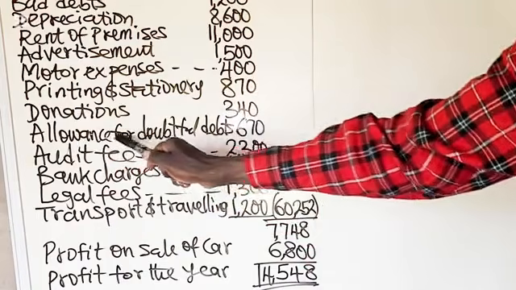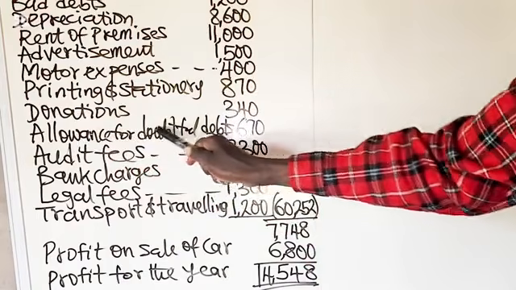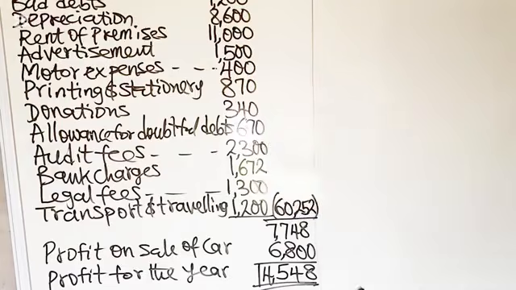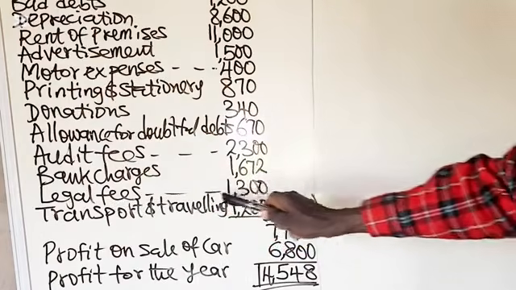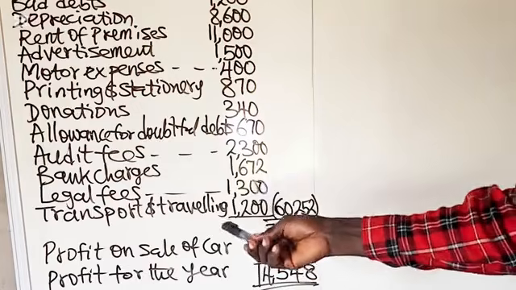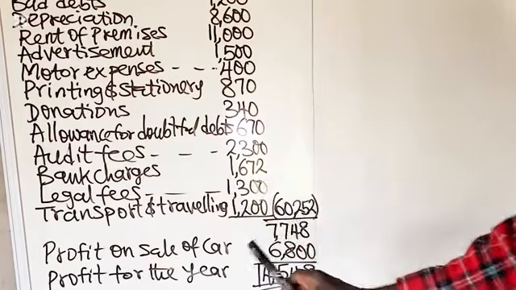So if there is no note relating to this, that means it is not allowable. But let's leave that for now. We have all these fees is allowable. Bank charges is allowable. Legal fees subject to condition. It depends on the reason why these legal fees were incurred, so we cannot say anything for now until we get to the note.